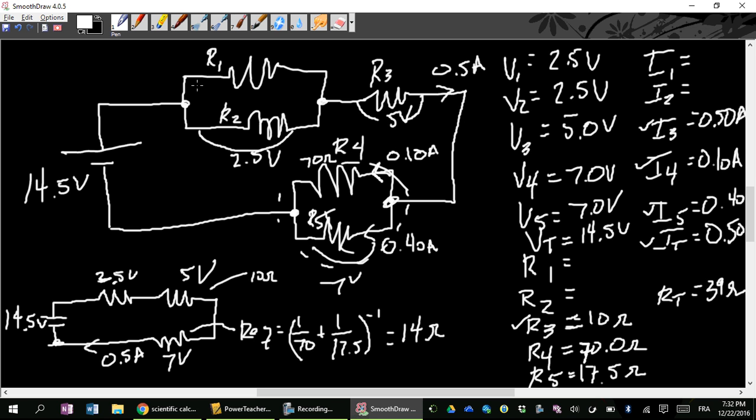So our equivalent of R1 and R2 is 15. That's if I did that right. Let me just do that again. 29, 25, 15. This is correct. So this thing together is 15 ohms.